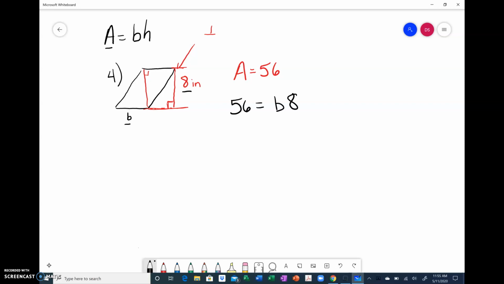Now that looks weird, so I would rewrite it into something that you're used to seeing, a coefficient next to a variable. I want to get my variable alone, so I divide both sides by 8, and I would find that b equals 7. Whoops, I put the 7 again. Equals 7 inches. Okay? That's how that one is done. If you want to pause it now and do 4 and 5, that would be good. I'm sorry, 5 and 6.